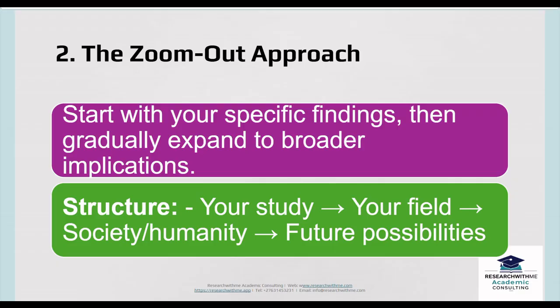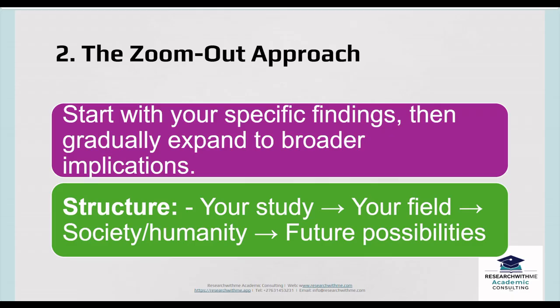Number 2 approach is you have to start with your specific findings. That's another approach. You state the findings, then you start with the findings. But the previous one we said is that you bring the introduction first, then you move to how they fill the gap.